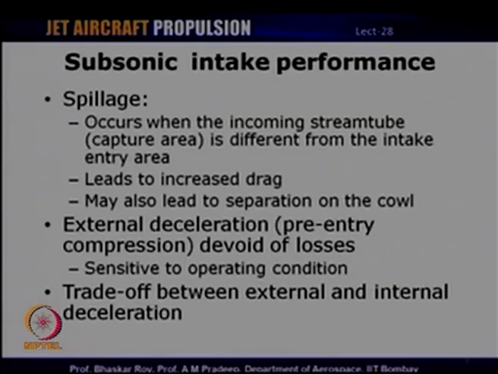Spillage will not occur only if the capture area is equal to the intake entry area. So, spillage always occurs when the incoming stream tube or the capture area is different from that of the intake entry area. The presence of spillage will lead to increased drag, and under certain conditions may also lead to flow separation on the cowl or on the nacelle.